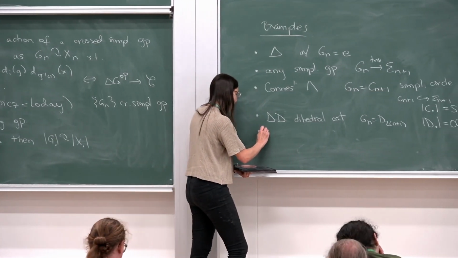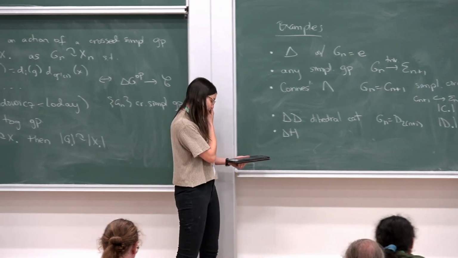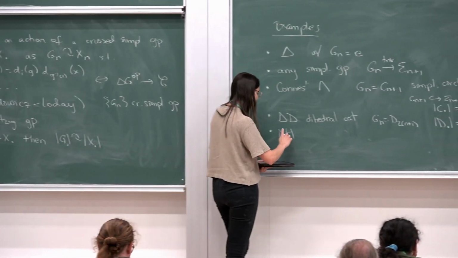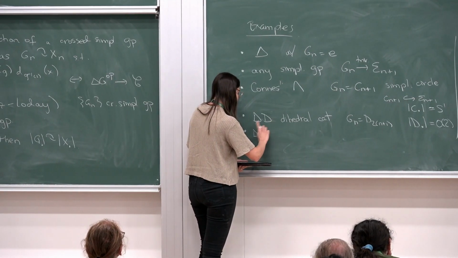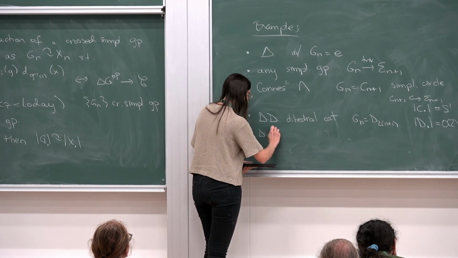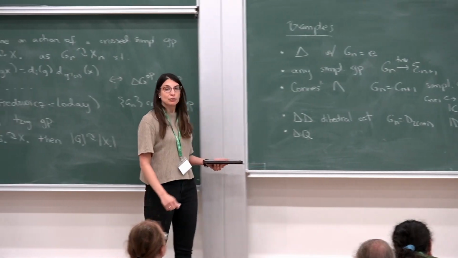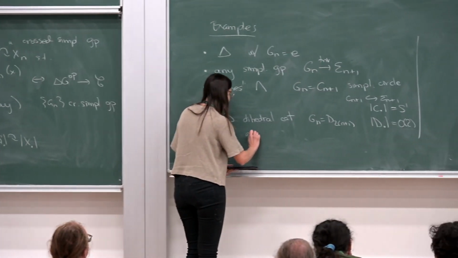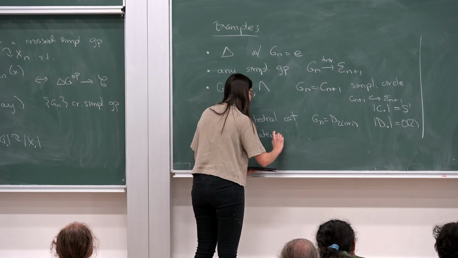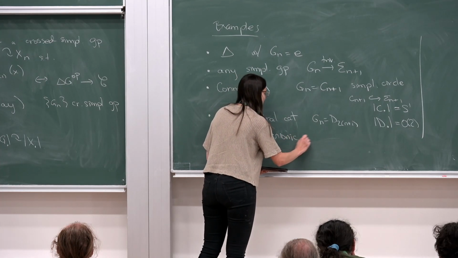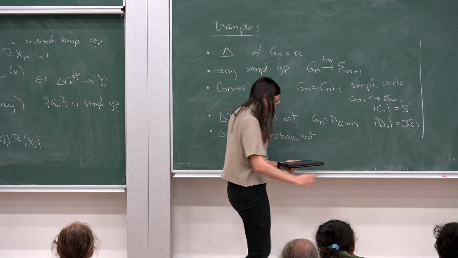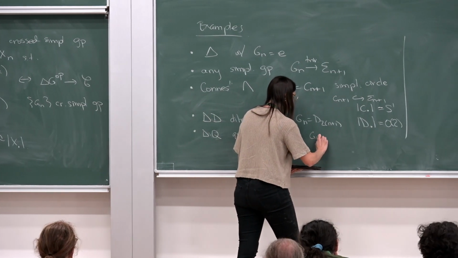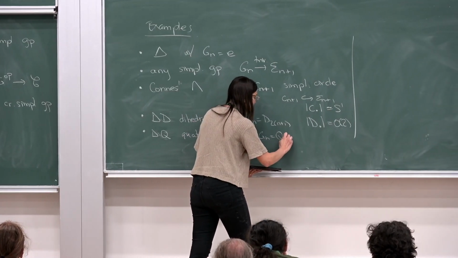Next we have, oh, I should probably say, let me do the quaternionic case. That's the one that we're after. So the quaternionic category. Here the G_n are going to be these generalized quaternion groups.